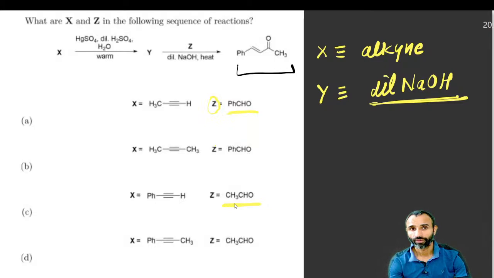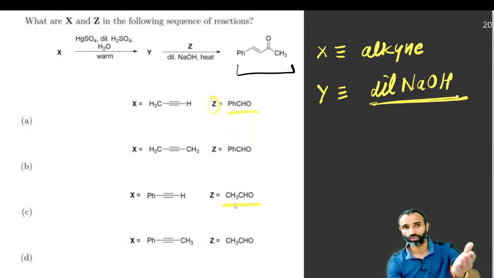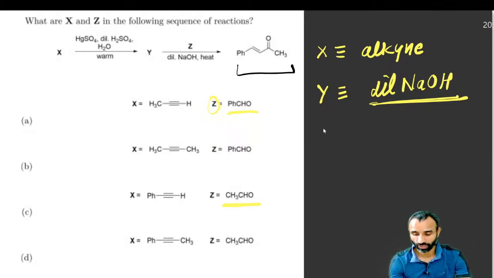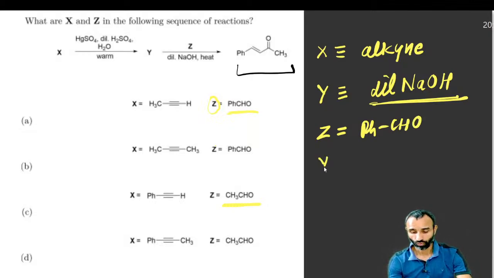That means one of the reagents is benzaldehyde and the other is acetone. Y should be acetone if we take Z as benzaldehyde. So Y should be acetone.